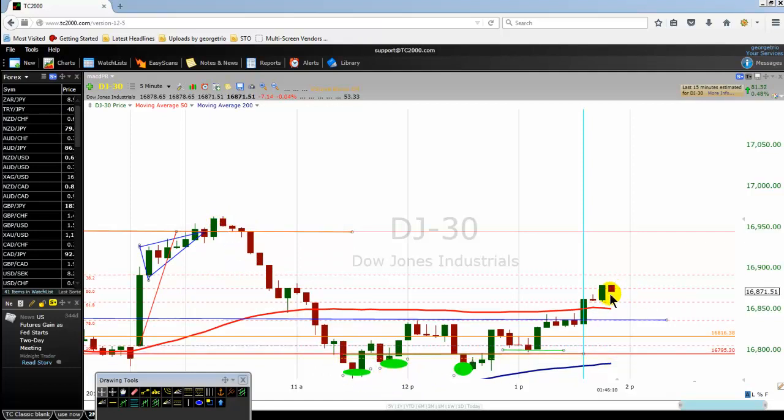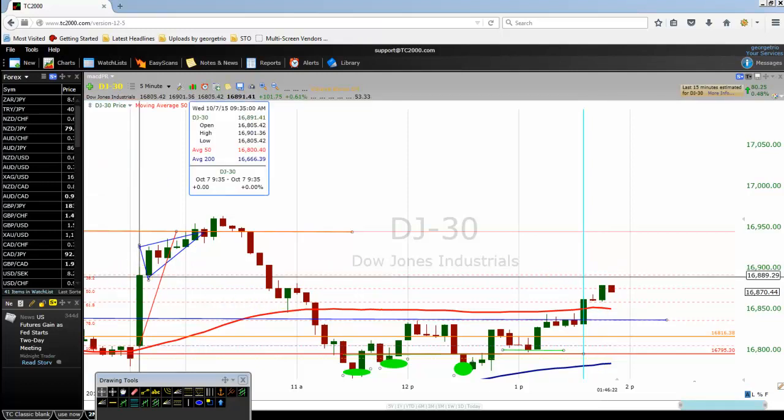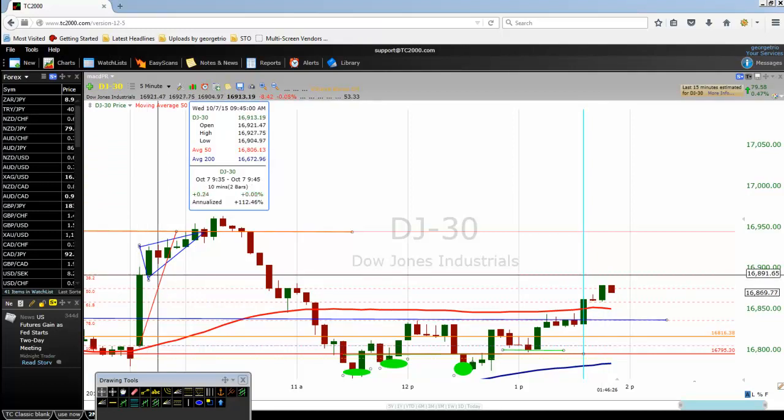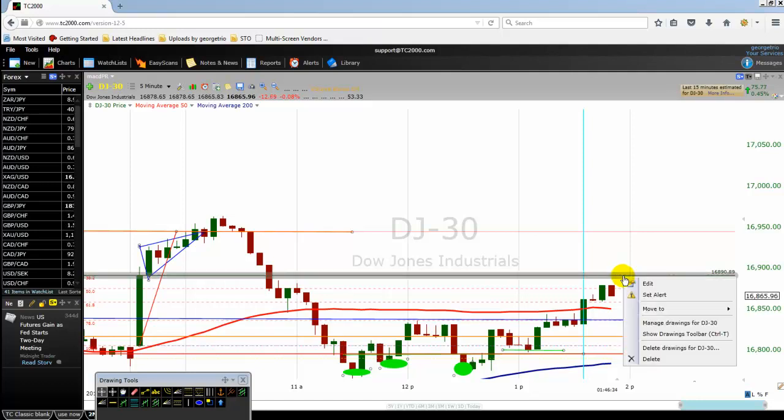So I want to wait a little bit more, okay, and allow it to go up more. I'll raise my target to 16890, okay. Top of this candle here will be a great place, all right. 16890, okay. So what I will do now, I'll put a line there, 16890. That's it. That's my target.